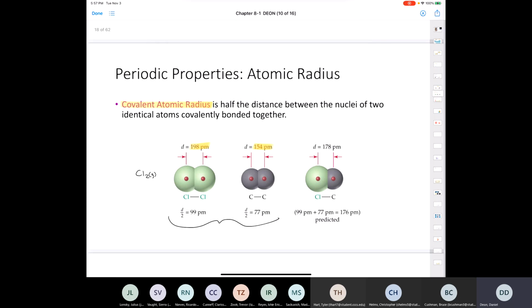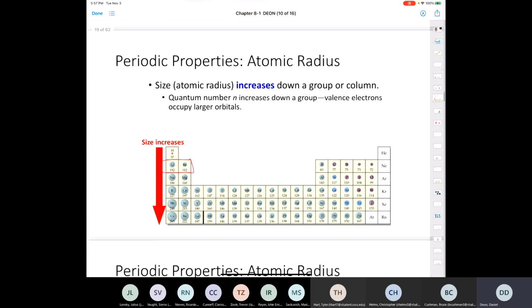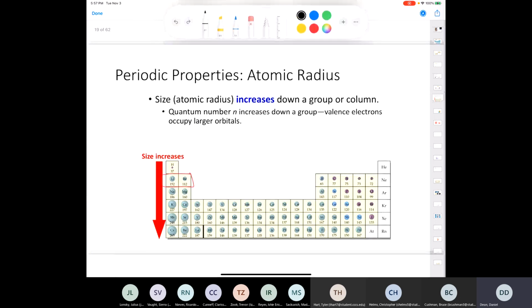Again, this slide shows you the trend for the size of atomic radii in the periodic table. And what do we know? We know that the size of the atomic radius increases going down a group or a column. Why is that? Because we increase the principal quantum number as we go down a group.